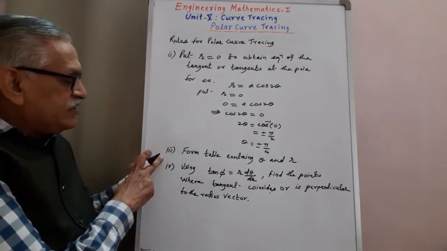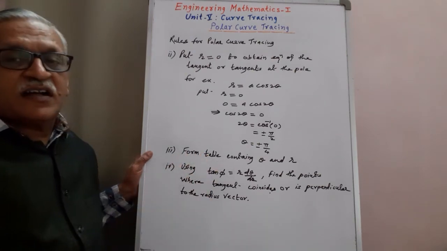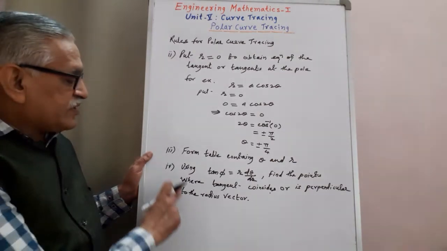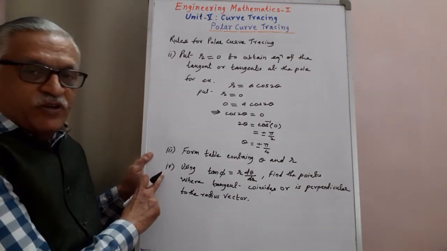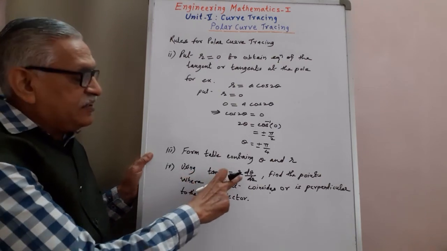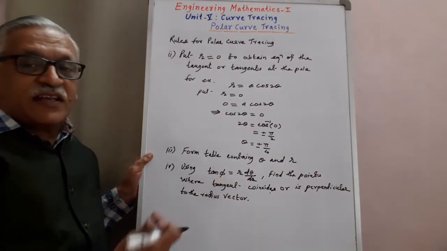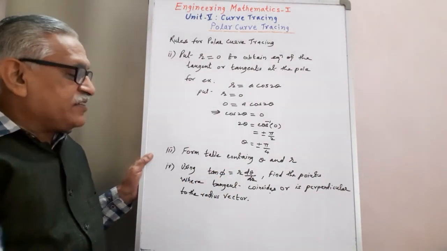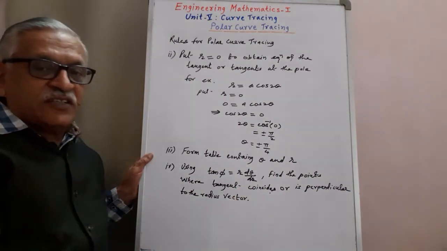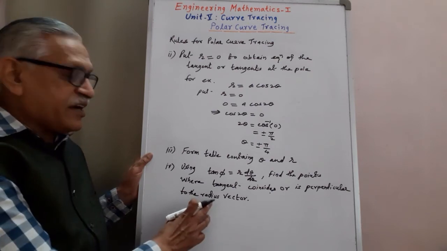Then point number 3, we make a table containing the values of θ and the corresponding values of r. And the fourth and last point, using the formula tan φ = r dθ/dr, where φ is the angle between the radius vector and the tangent, find the points where the tangent coincides with or is perpendicular to the radius vector.